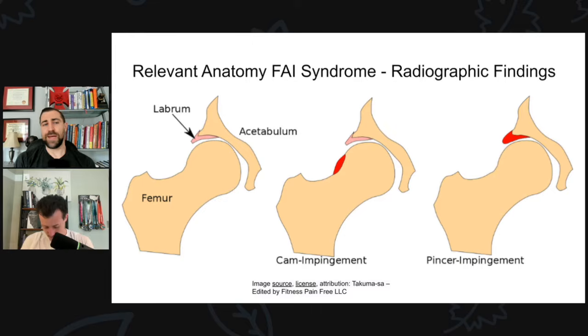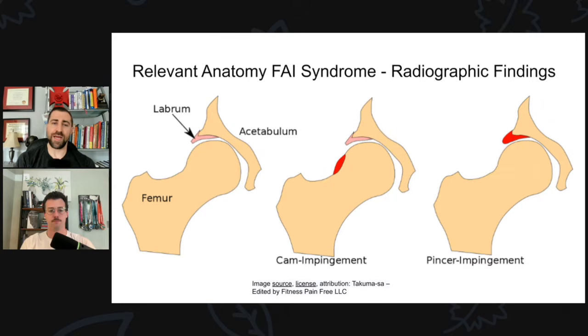Some radiographic findings. We already mentioned a CAM morphology. So just to orient you a little bit, we have the femur, we have the ball portion of the femur, the femoral head, and we have the acetabulum or the socket portion on the pelvis. Then you have the labrum depicted there in pink. In the center image, you have CAM impingement. Essentially, we have extra bone on the femoral neck, right?